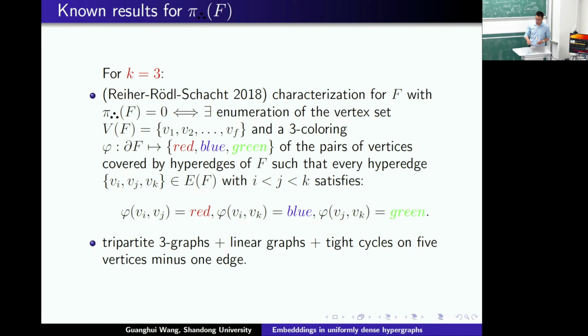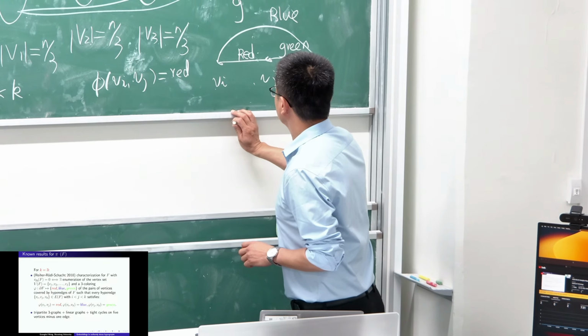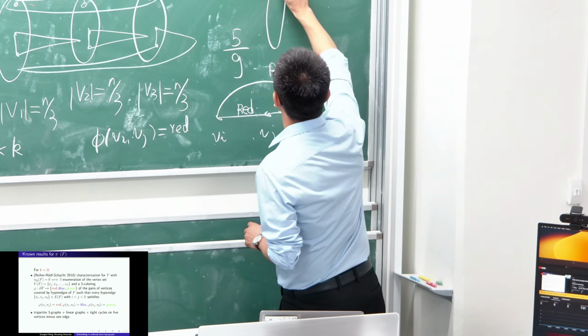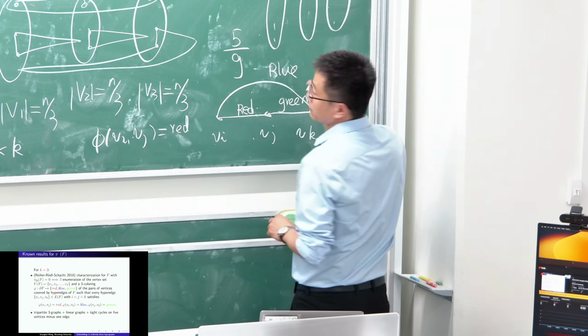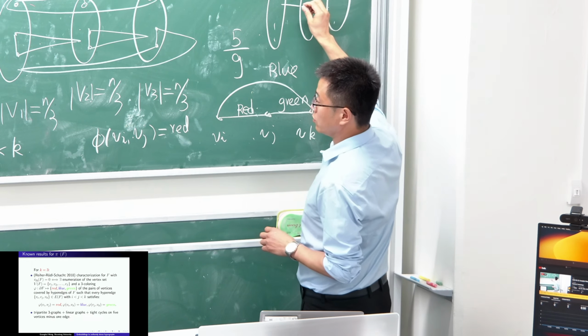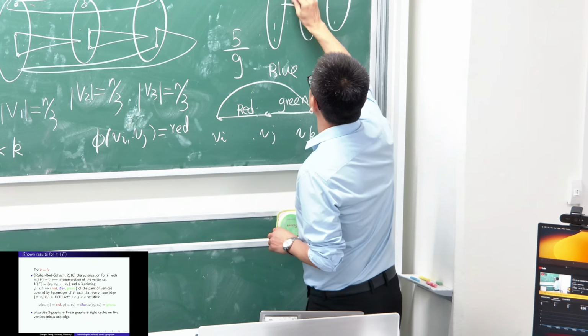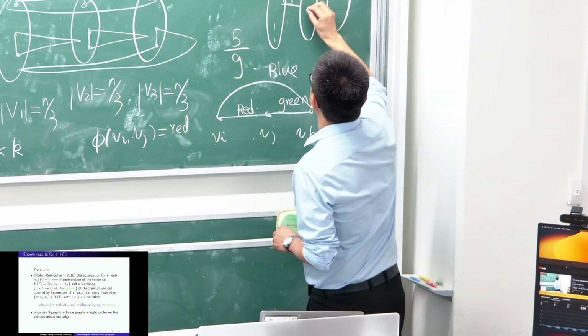So it's easy to check that for the three-partite 3-graph, the uniform Turan density is 0, because we can easily give an order V1, V2, V3 and color it red, blue, green.